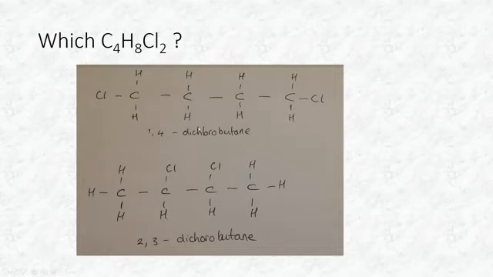Okay, how about numbers of protons? So here we have 1, 2, 3, 4 protons in one environment. These are all chemically identical to each other. And here we've got 1, 2, 3, 4 that are also chemically identical to each other, but different from the first 4. Okay, how about this molecule? Well, we have 1, 2, 3, 4, 5, 6 in one chemical environment.